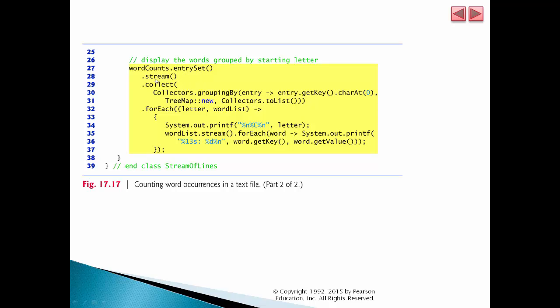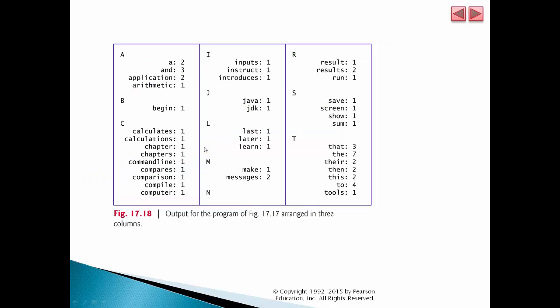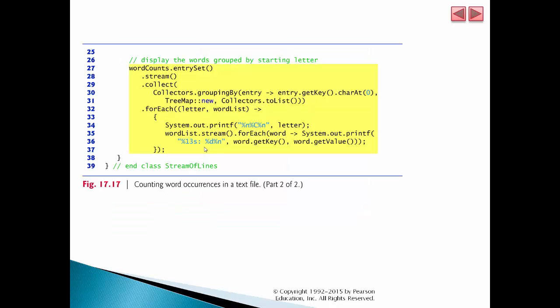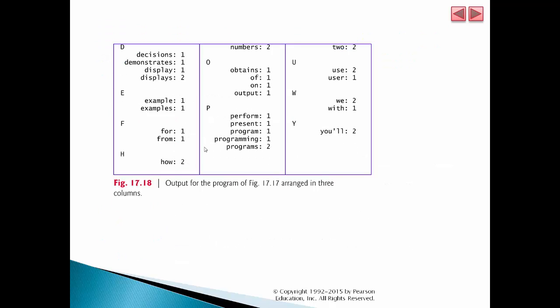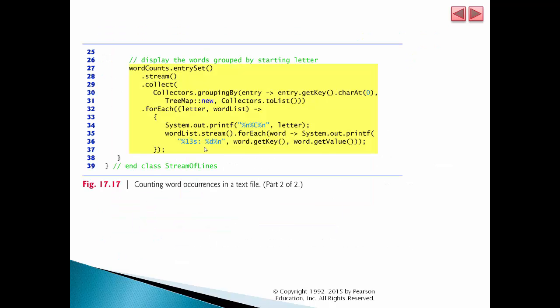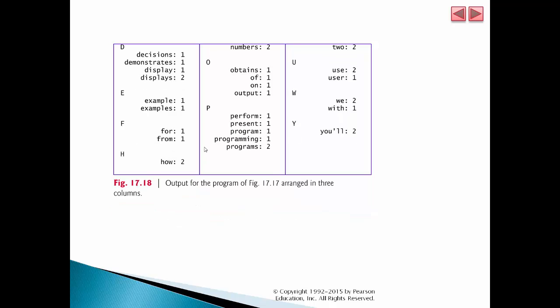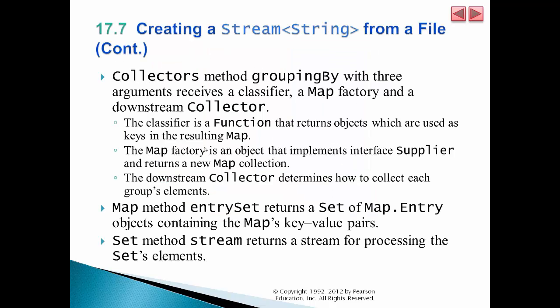With the stream that we have, we can run these collectors and groupingBys to do certain operations with them. As a result, you might get something like that. Basically, it gets the first character of each word and then organizes the entries in this form. Okay, so I'll upload these examples for this lecture, and you can also view the code and play with it in your free time.